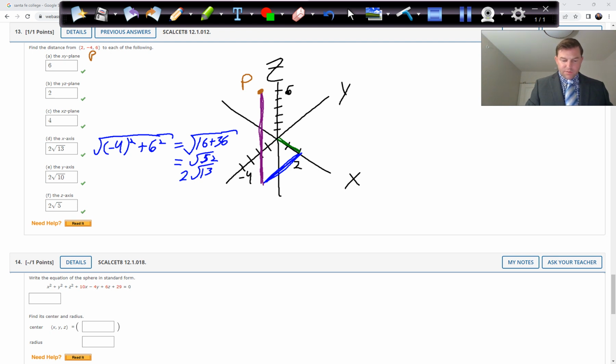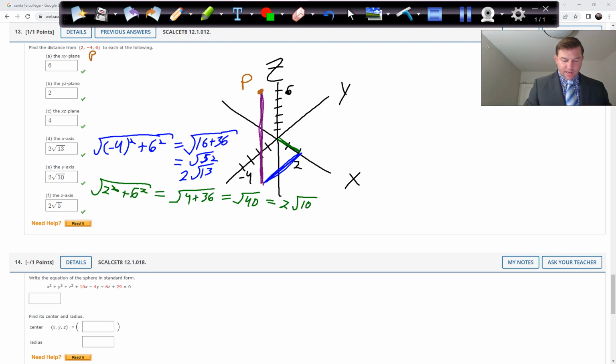The y-axis, which I should have done in blue, the y-axis is going to be the Pythagorean theorem of using the x value squared and the z value squared. I mean, you could draw these triangles in, but it gets messy real fast. So this is 4 plus 36, square root of 40, which would be 4 times 10, and the 4 can come out as a 2, so it's 2 root 10.